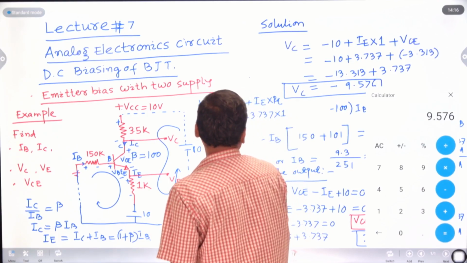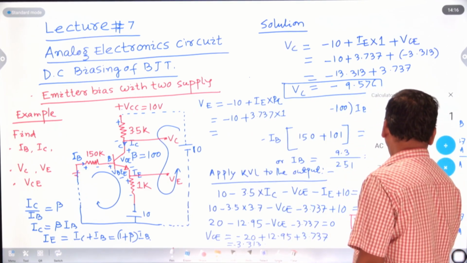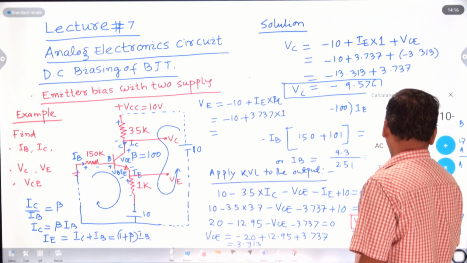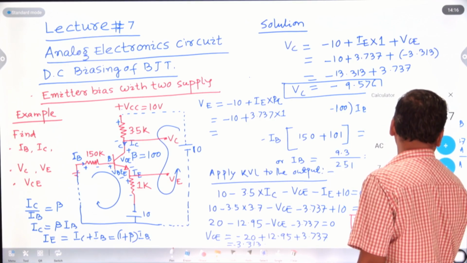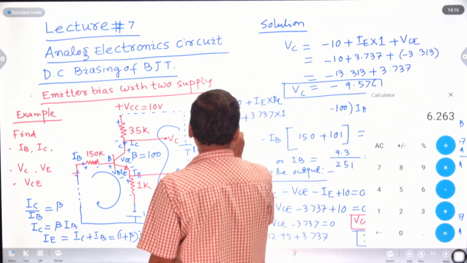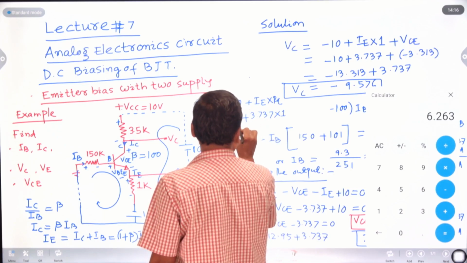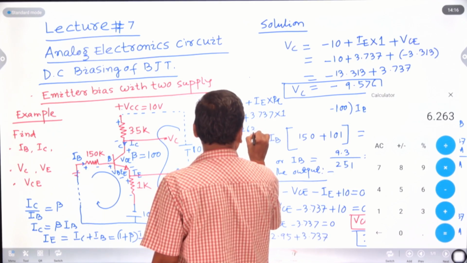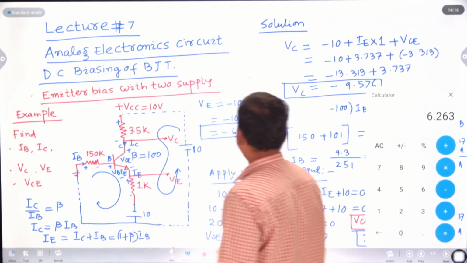The value is how much? Minus 10 plus 3.737, that is minus 6.263 volt. This is nothing but your VE, the emitter potential.